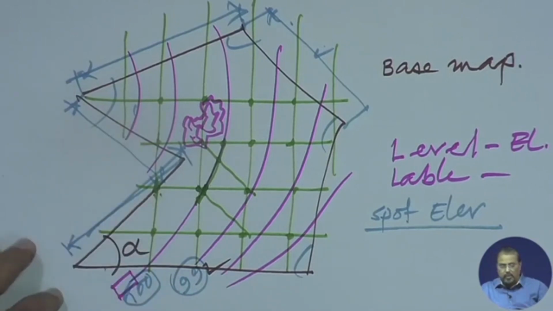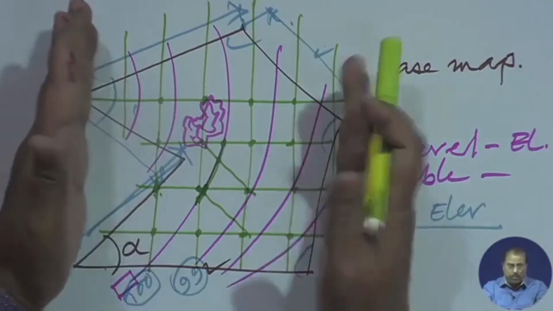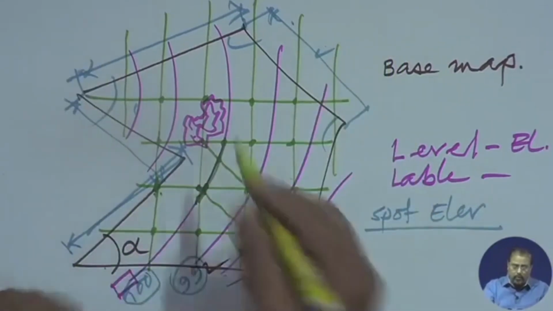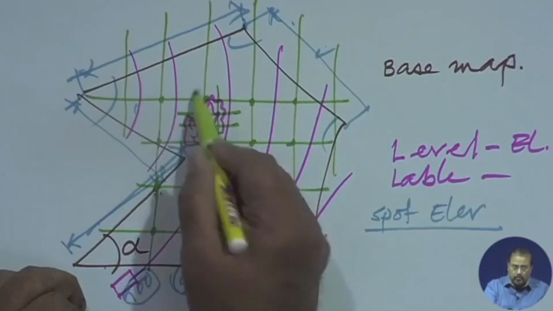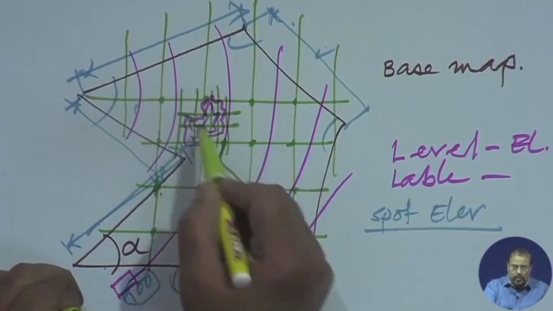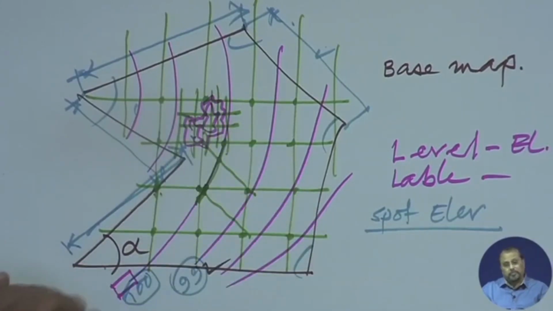So in such a case, what you do is you tell the surveyor that you take this much of grid, but only at that particular point you make further divisions, so that this particular elevation is recorded. I hope this is clear.